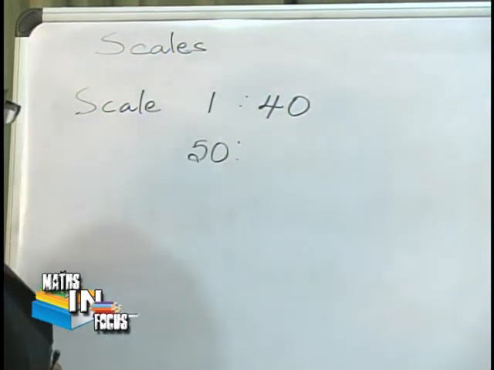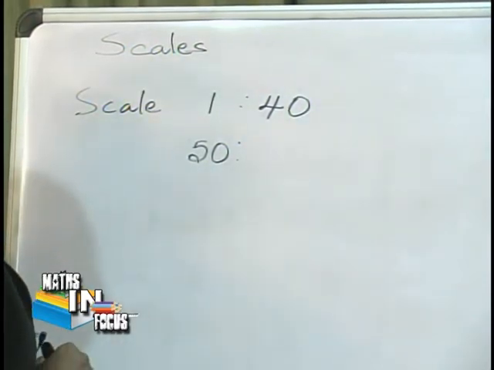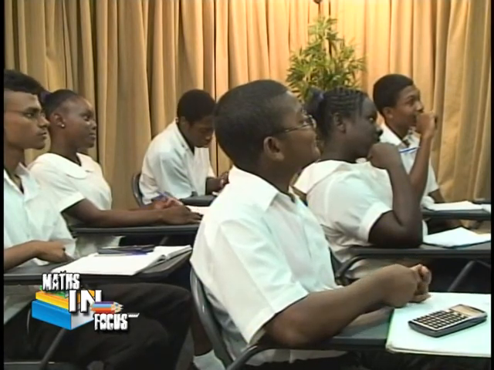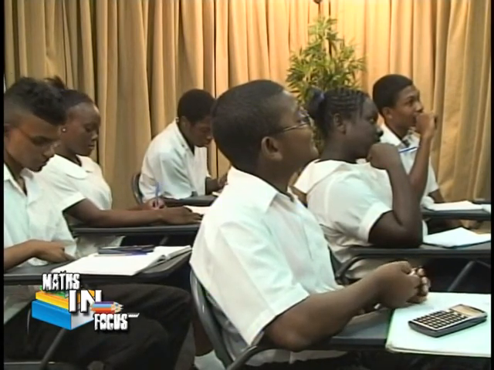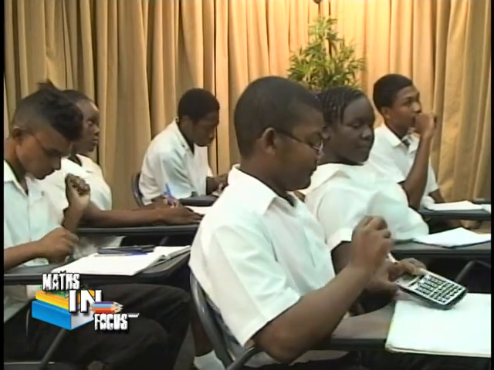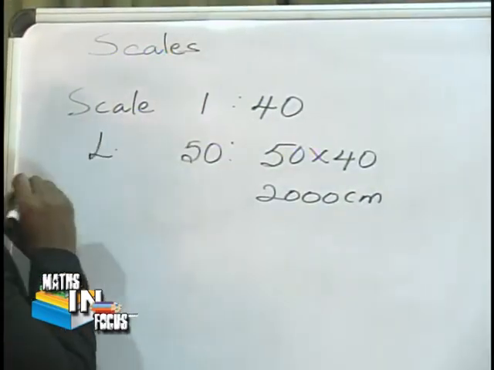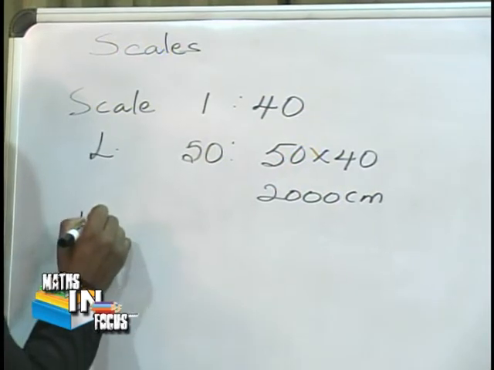I simply multiplied 50 by 40. So we're going to multiply 50 by 40, and the actual length of the barn would be 2,000 centimeters. Good. Now let us say the width is 30. So here we have the length. Let us take the width now.